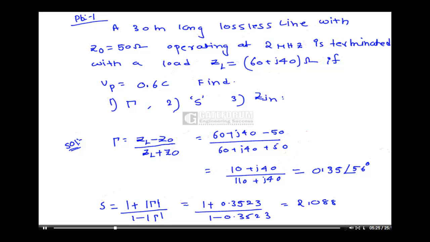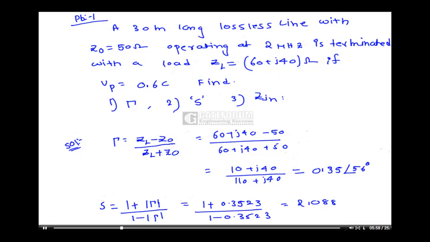Therefore, beta into L is equal to omega into L by phase velocity Vp. Omega is equal to 2 pi f, f is given as 2 megahertz, L is given as 30 meter, divided by phase velocity 0.6 c, where c is equal to 3 into 10 power 8 meter per second. If you calculate, you will get approximately 120 degrees. Beta L is equal to 120 degrees.